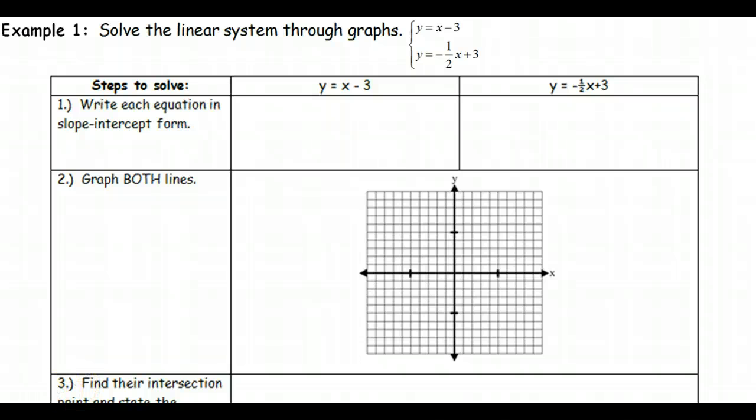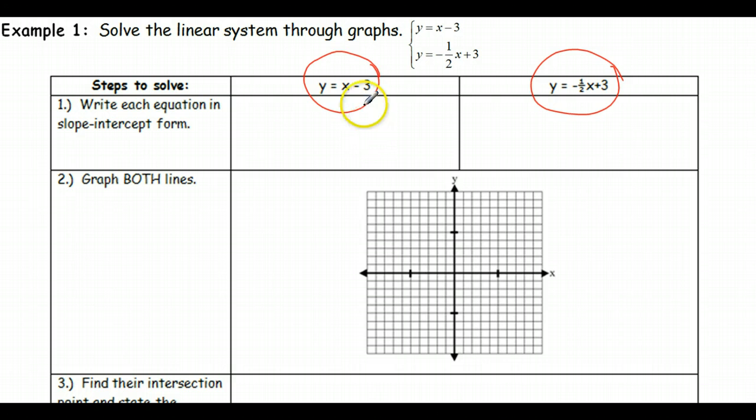Okay, let's begin to solve a linear system by graphing. There are different steps. The first step is to take each equation and make sure that it's in slope-intercept form so that you can graph it. Now, in this first example, both equations are already in slope-intercept form. Remember that means y has to be by itself.